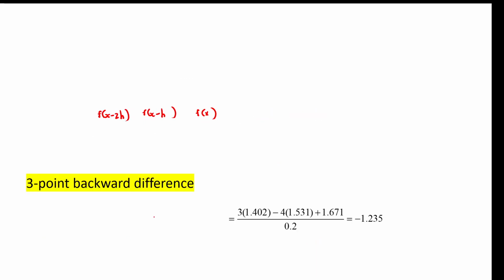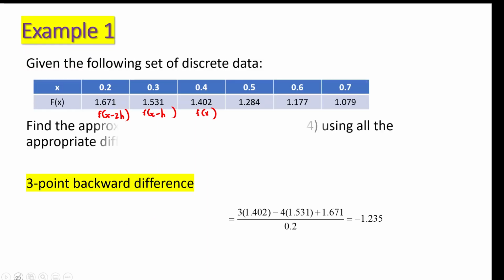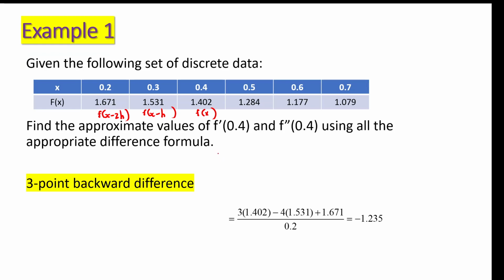Just now the second derivative was the same, but normally the answers are not the same. Because here we don't have the exact solution, so we cannot compare. Cannot compare and show that actually the 5-point formula is the most accurate. In the second one it should be the 3-point formula.